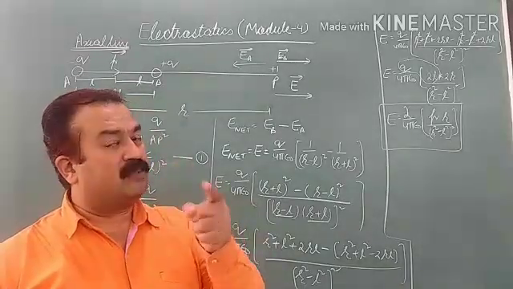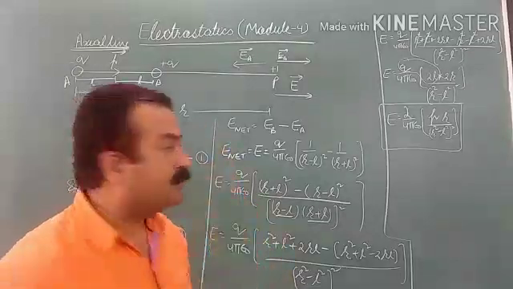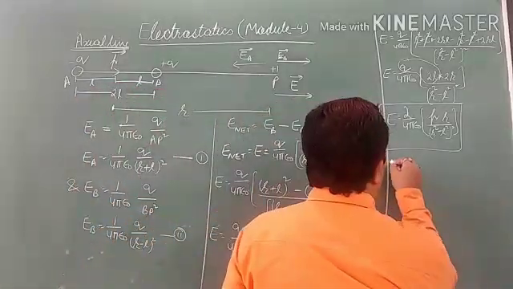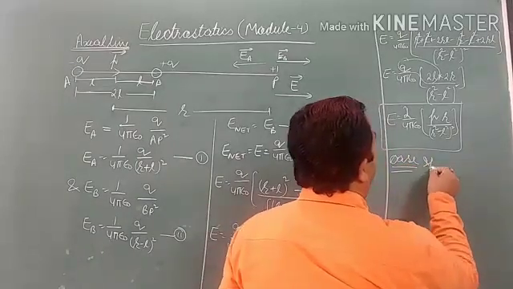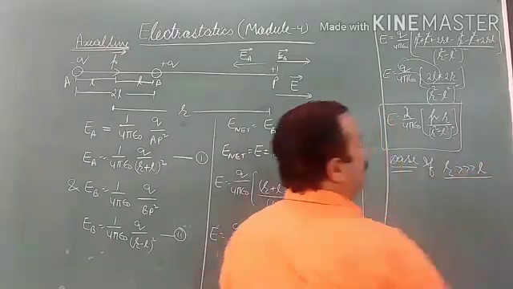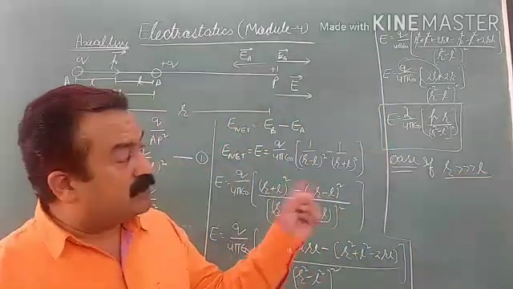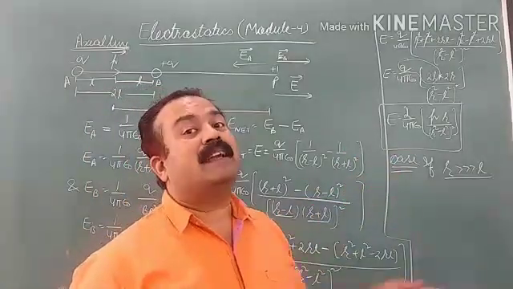But there is a special case we have to discuss, and generally the special case comes in board exams. Here we consider that R is much greater than L. If R is much greater than L, then R square is also much greater than L square.